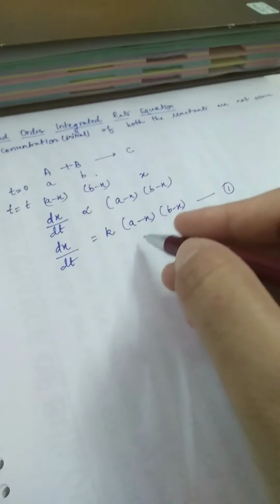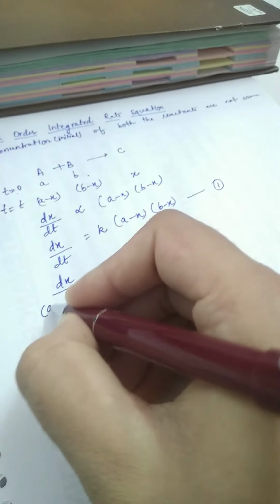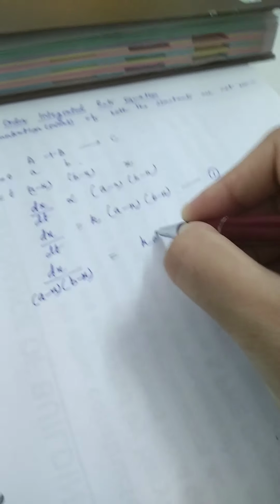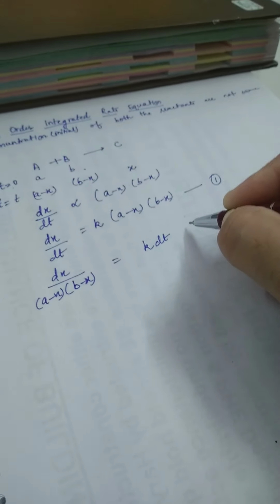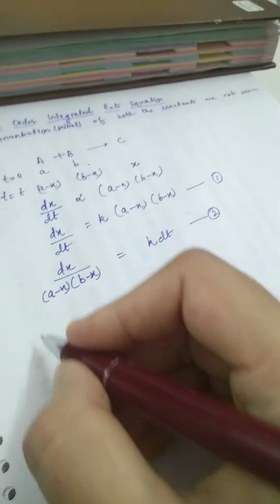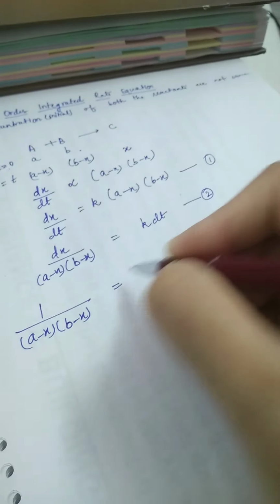Rearranging this equation and taking all the concentration terms to the left hand side, we get dx by (a minus x) into (b minus x) equal to K dt. This becomes our second equation. Now, in order to simplify this equation, we will break this term into its partial fractions.